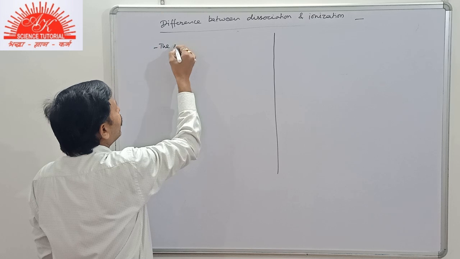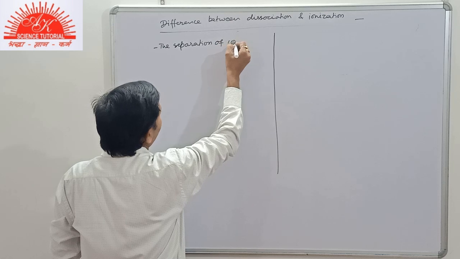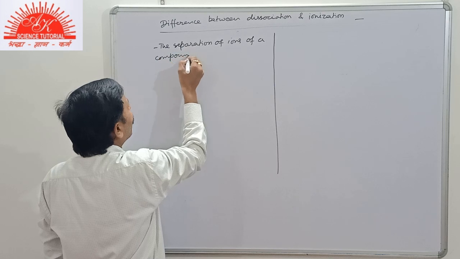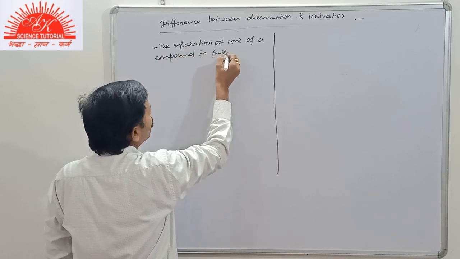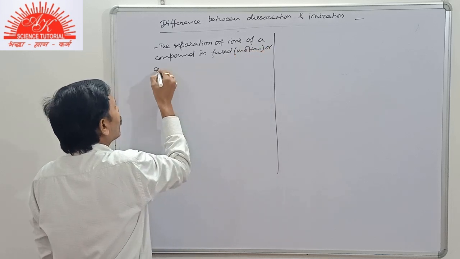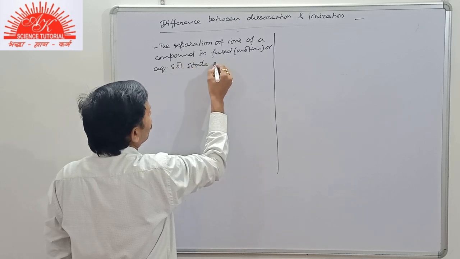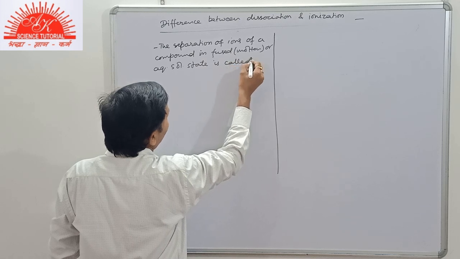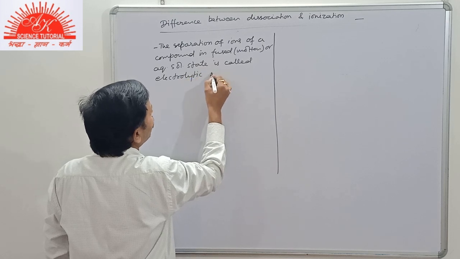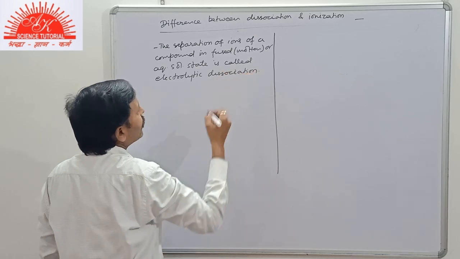So the separation of ions of a compound in fused, means molten, or aqueous solution state is called electrolytic dissociation. Means the ions are dissociating, that is separating.